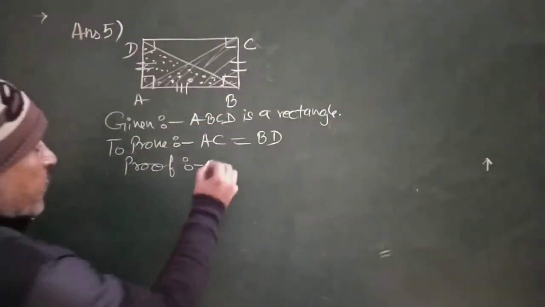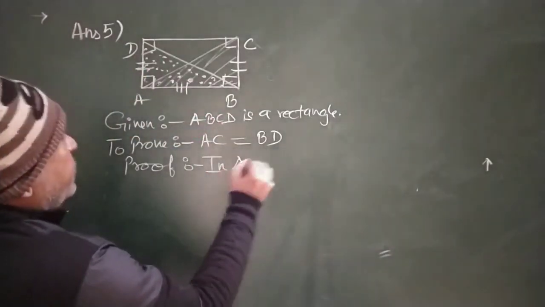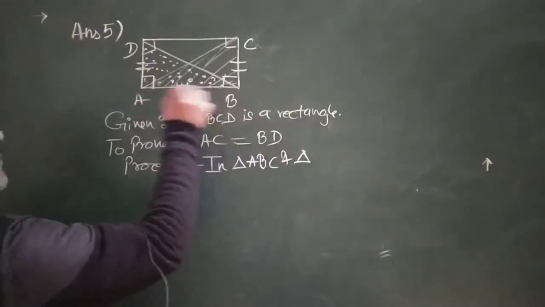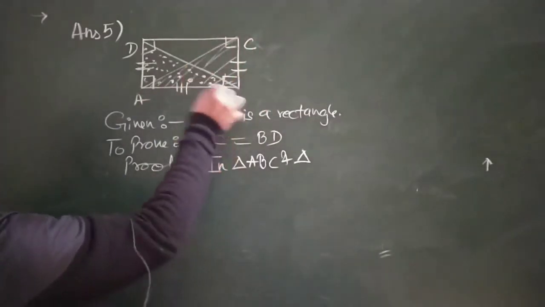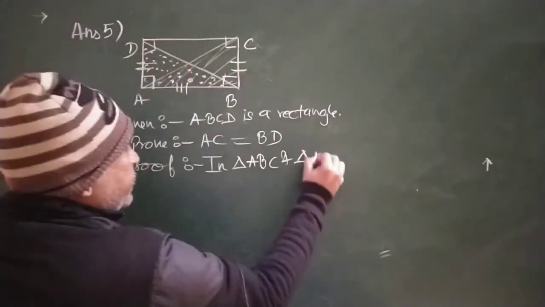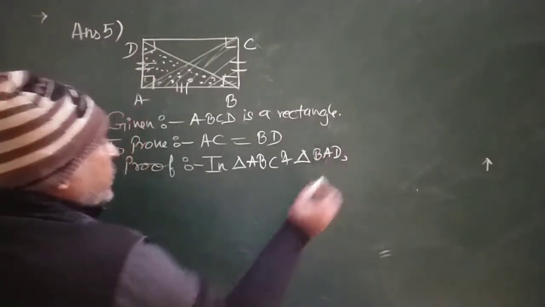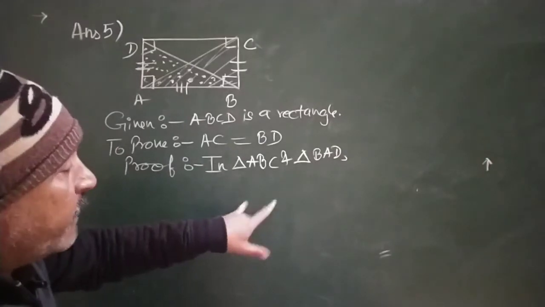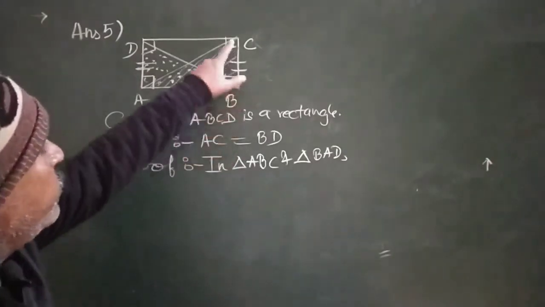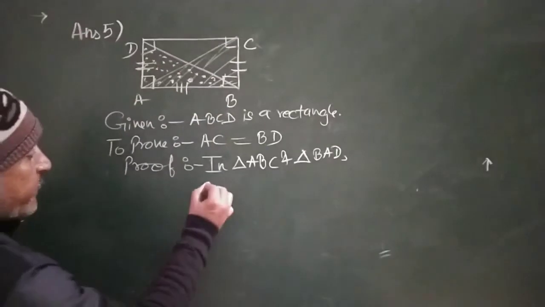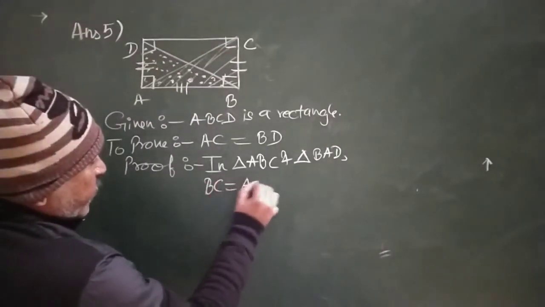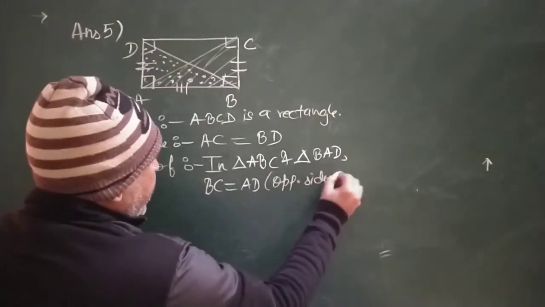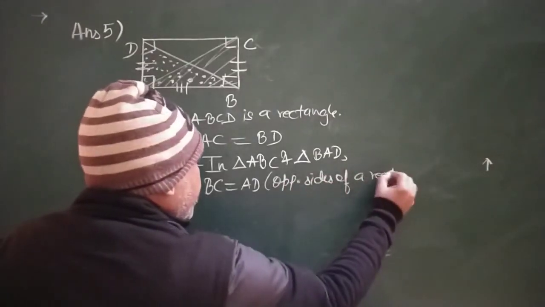Okay. So in triangle ABC and triangle BAD, the name of the triangle must be written so that the side or angle comes first. Triangle ABC I used first, so BC equals AD. Reason: opposite sides of a rectangle.